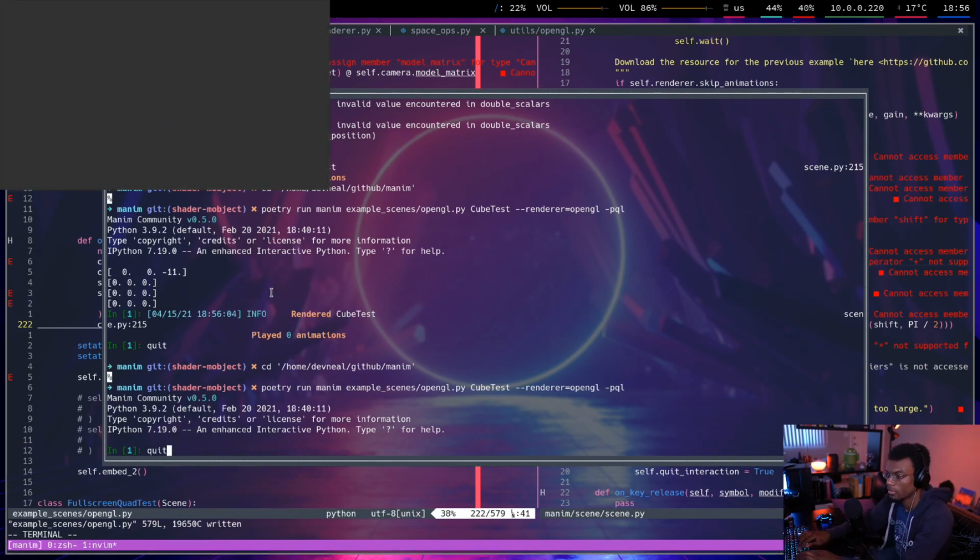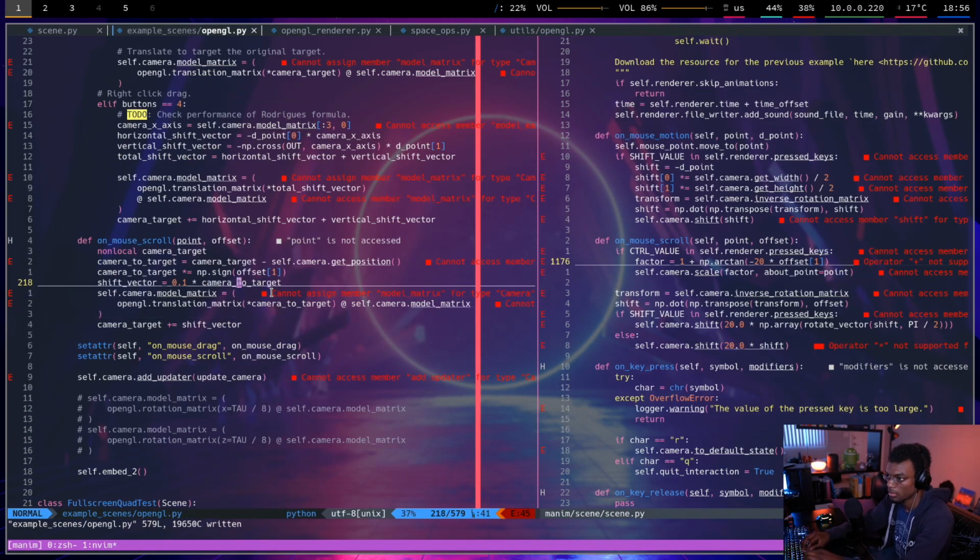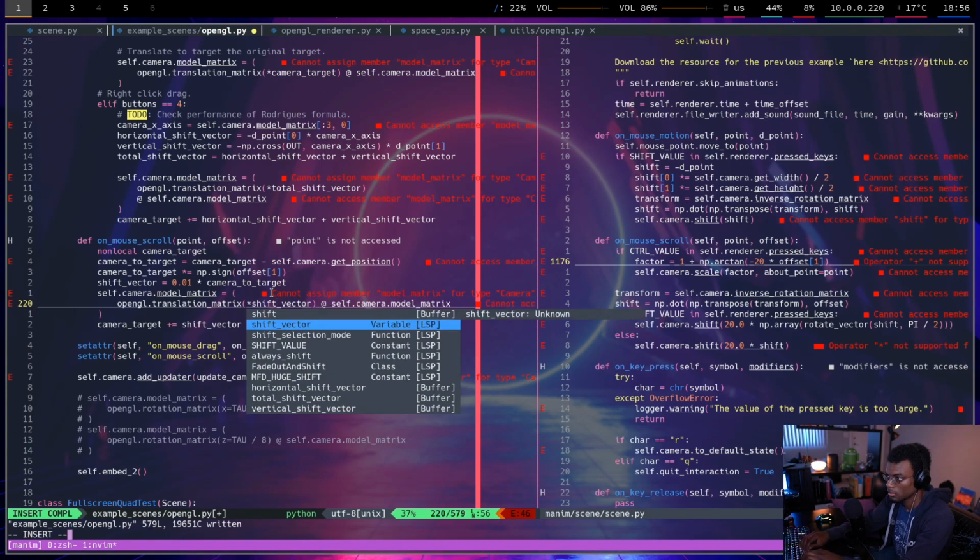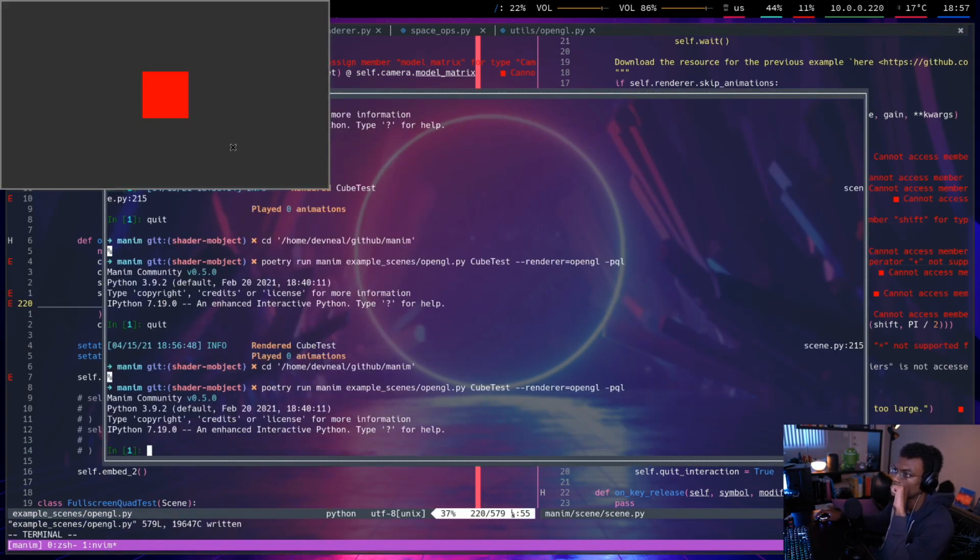Okay. Still vanished. I'm gonna get something even smaller. Oh, I didn't do the shift vector. Okay, eventually. Okay, this makes more sense to me, I think.